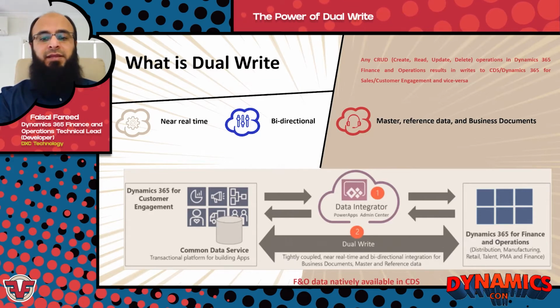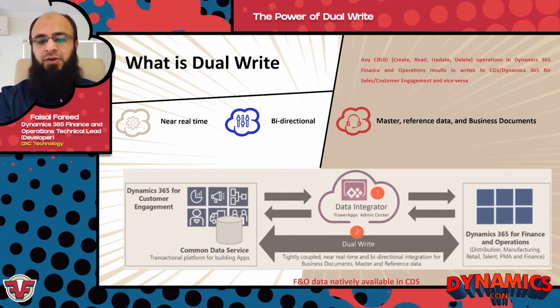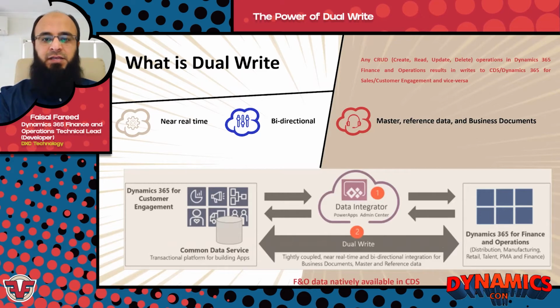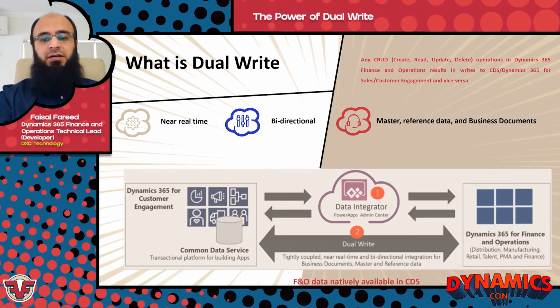If you can have all the data from your ERP in CDS, you can use Power Platform to do whatever else you want on top of Finance and Operations data. You can use Power BI, flows, Power Automate, Power Virtual Agents, any feature which is coming or which already exists for the Power Platform. So this is the biggest benefit of having dual write here.